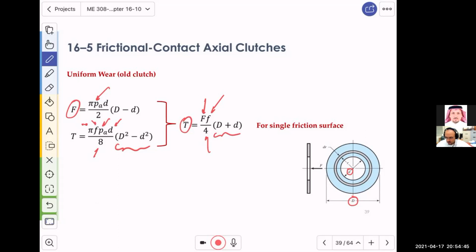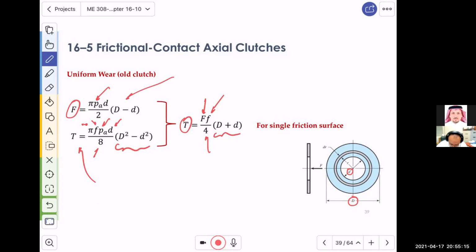But then they realized that there is a better way. It is maybe more complex in terms of mechanism, but it is much more convenient in terms of heat generation and speed, which is making multiple discs, each one stacked with the other. For that reason, this note is very important. These two equations are applicable for single or multiple disks.